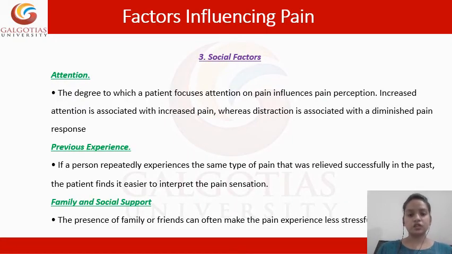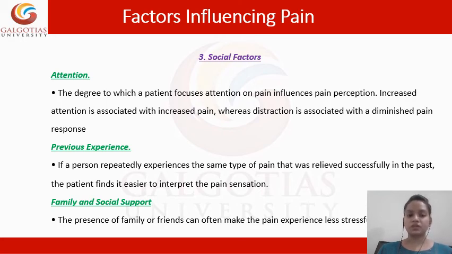Third is social factor. In this, first part is attention. The degree to which a patient focuses attention on pain influences pain perception. Increased attention is associated with increased pain, whereas distraction is associated with a diminished pain response. Second is previous experience.